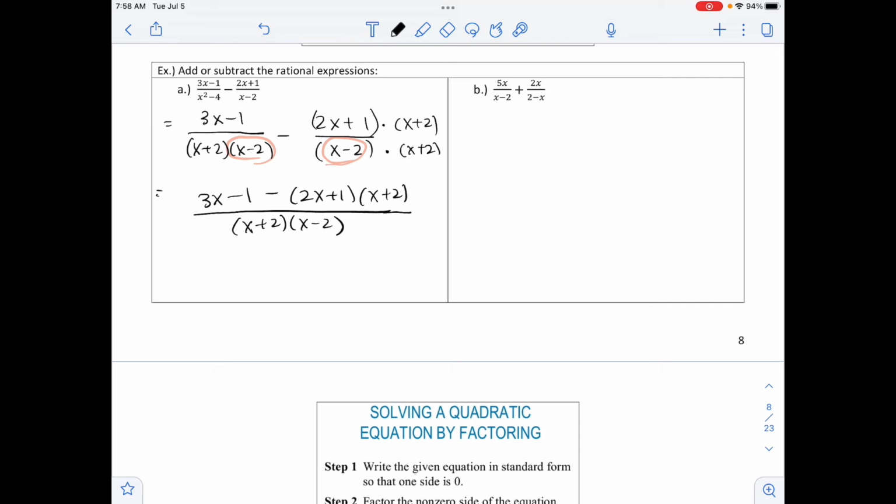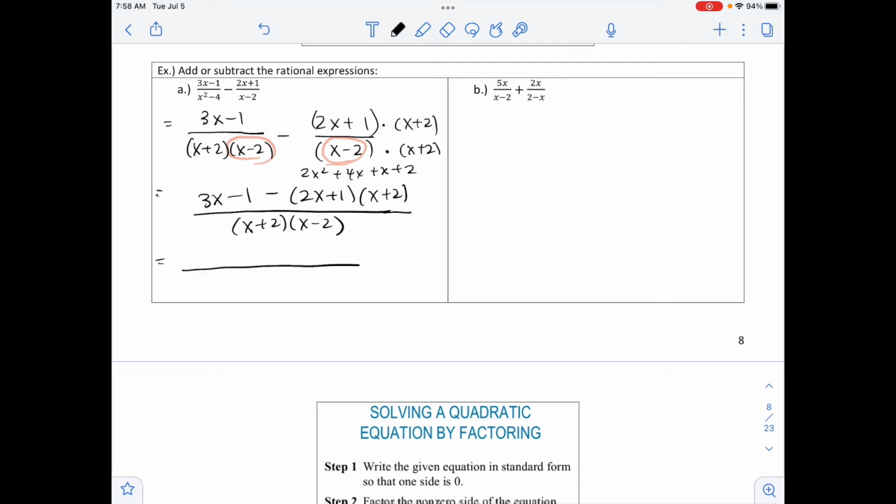From here, we need to multiply out the 2x plus 1 and the x plus 2 and combine our like terms. If we were to do that, you would get 2x squared, and then we have plus 4x plus x and plus 2.